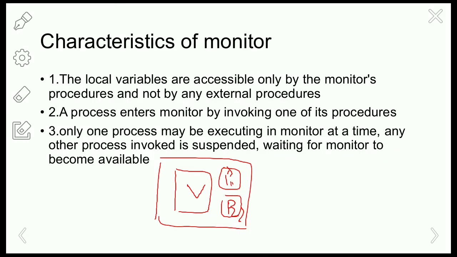If a particular process wants to access the shared variables, in the monitor the critical section is the variables, that is, the shared variables. We place the shared variables in the critical section in the monitor. So the variables part is the shared variables, and this will act as the critical section.